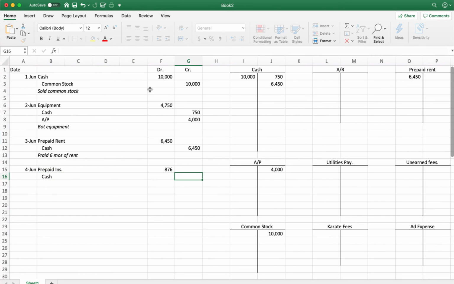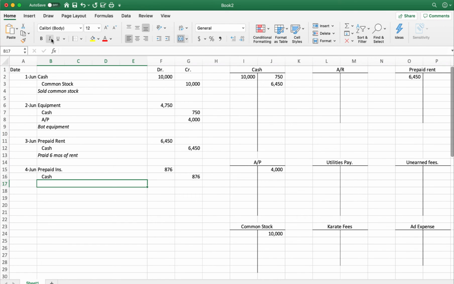Notice I indented cash for $876. I need to put an explanation here. What's my explanation? Prepaid 12 months of insurance. Right? Because it's a 1 year contract or a 1 year insurance policy.